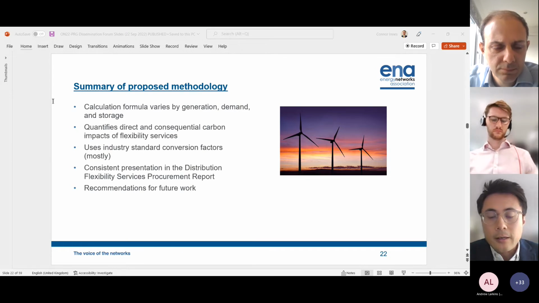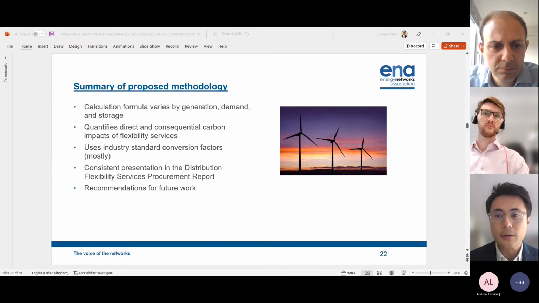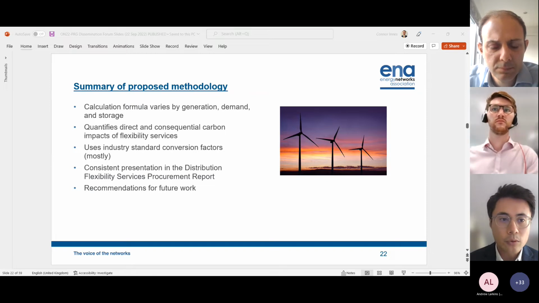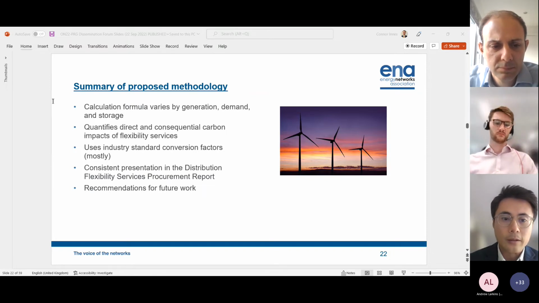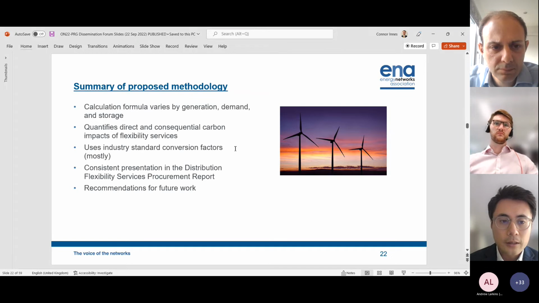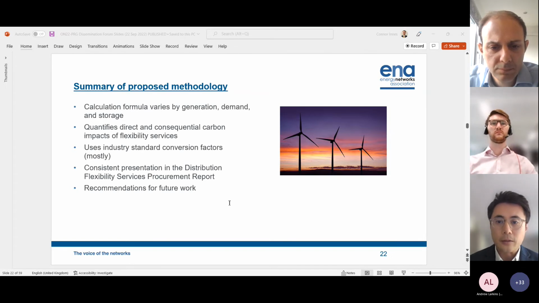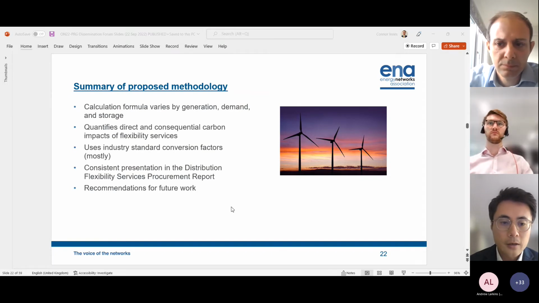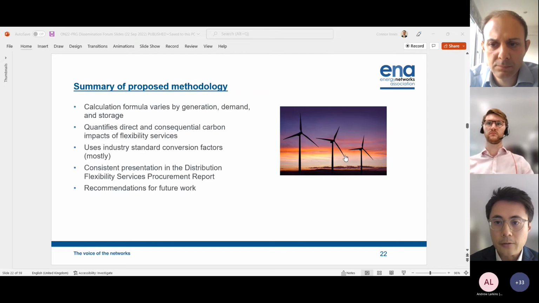We created formulas based on the type of technology, broadly characterized by whether it is generation, demand, or storage. And this is on the next slide, which I'll go through. We decided to, in the methodology, quantify the direct and consequential carbon impacts. Indirect carbon impacts was recommended as part of future work.